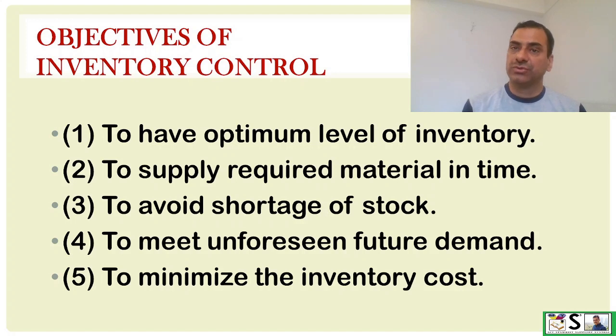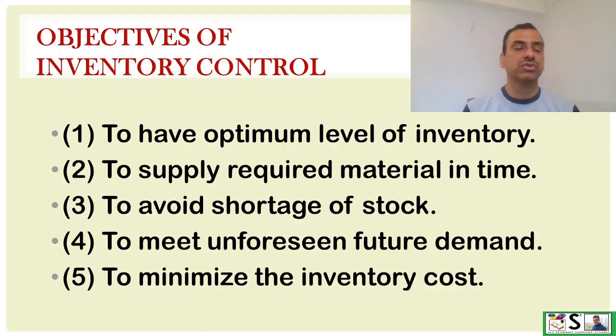What are the objectives of inventory control? Inventory control is very useful. It has some goals or objectives. These are: number one, to have an optimum level of inventory, meaning a sufficient number of materials should always be available. This is our prime objective.